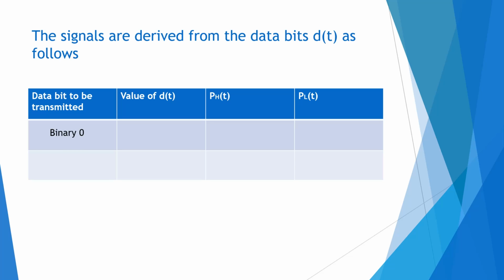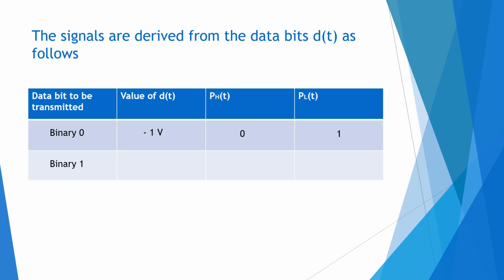If binary 0 is transmitted, the value of d(t) will be -1 volt. And to represent this in the form of pH(t) and pL(t), pH(t) will be 0 and pL(t) will be 1.